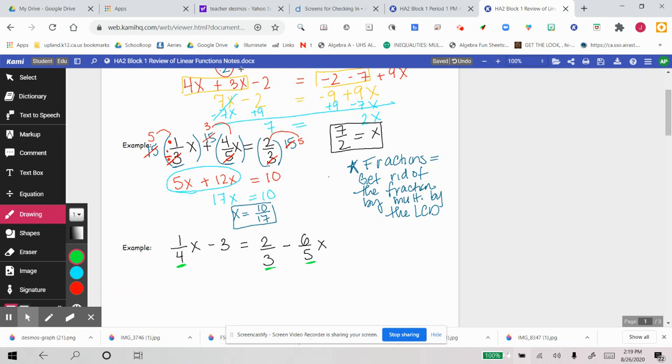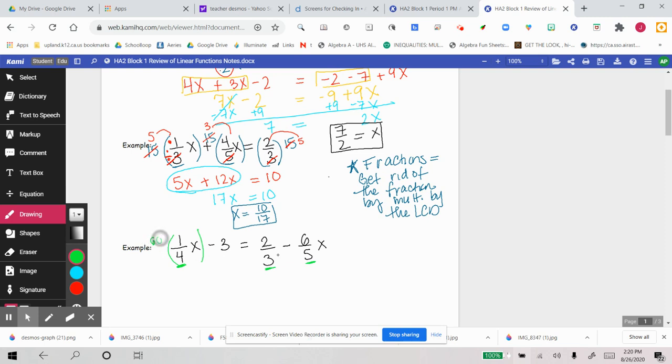So if I were to count by 15s, 15, 30, 45, 60, 75, 90. If I count by 4s, I get 4, 8, 12, 16, 20, 24, 28, 32, 36, 40, 44, 48, 52, 56, 60. Oh, they both reached 60. So the least common denominator between 4, 3, and 5 is 60.